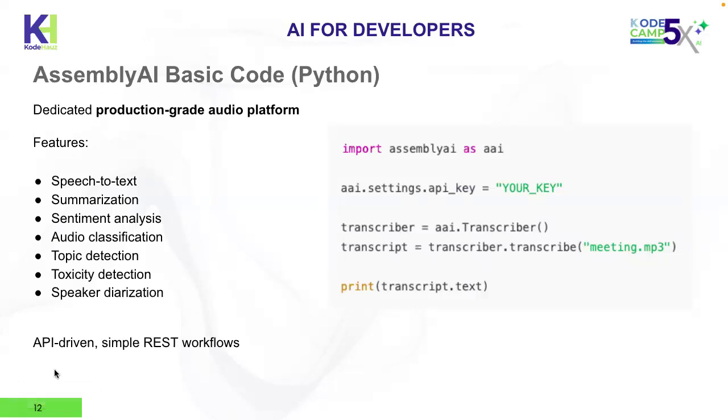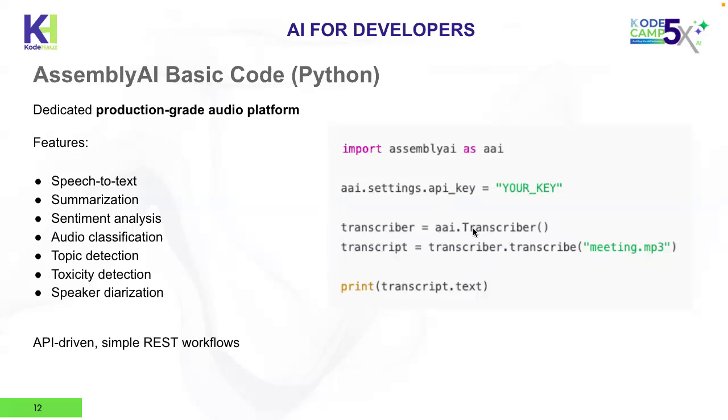But Assembly AI is API driven. So it has an API you just call and you can send the MP3 file to it. So again, this is just an example with Python. Most of these will also have the equivalent in JavaScript and in other languages. So you can just check their website, the developer documentation. You see how you can call those APIs from either JavaScript or Dart or Golang.